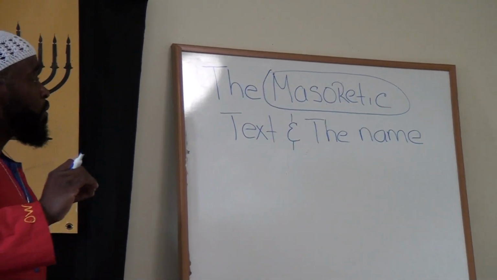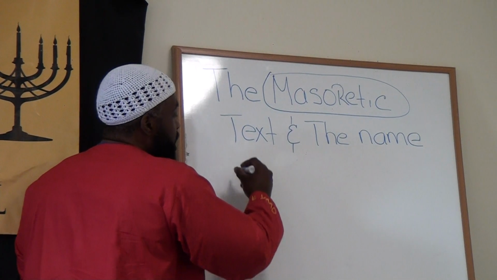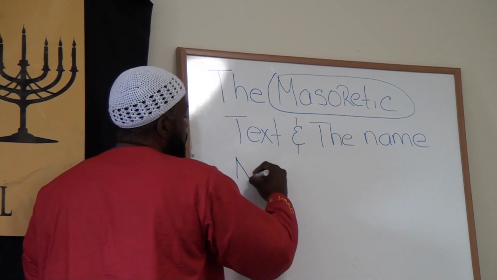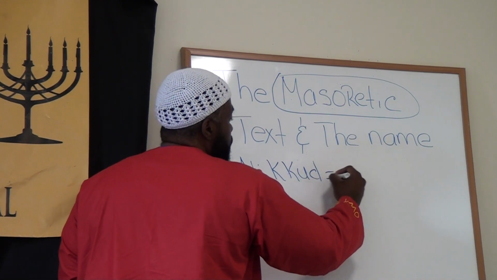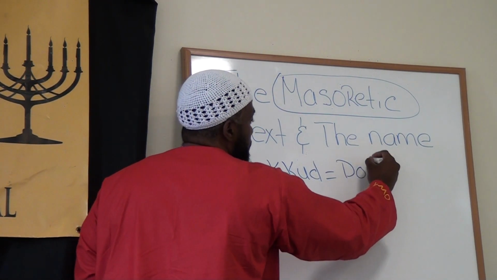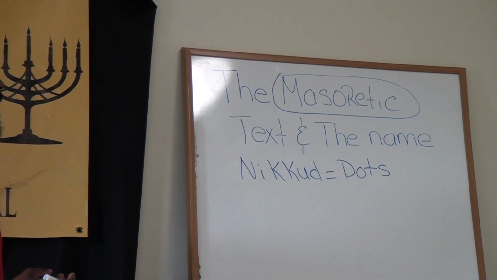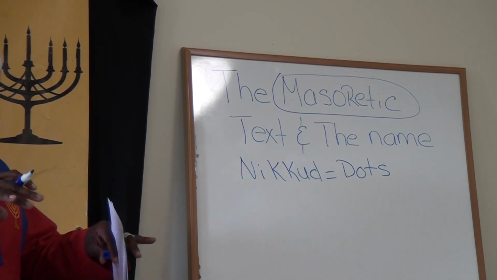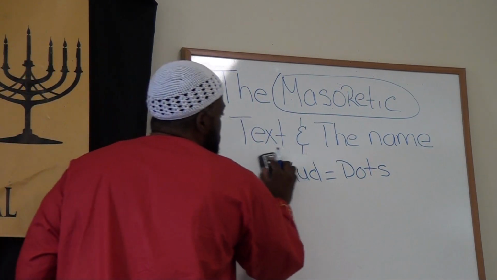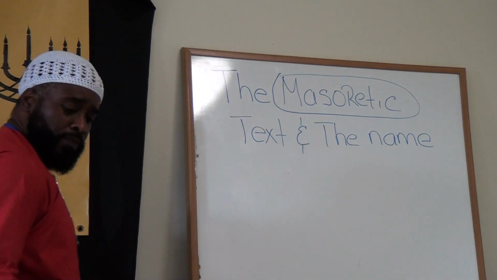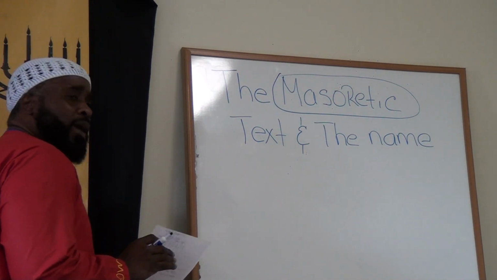Now, the grammar rules for the vowel pointing system are real easy. First of all, it's called the Nikud system. The word Nikud just means dots. The dots are what's being used to fill in the blanks between the consonants. Now, watch how easy this is. I can even share a YouTube site which is like elementary.